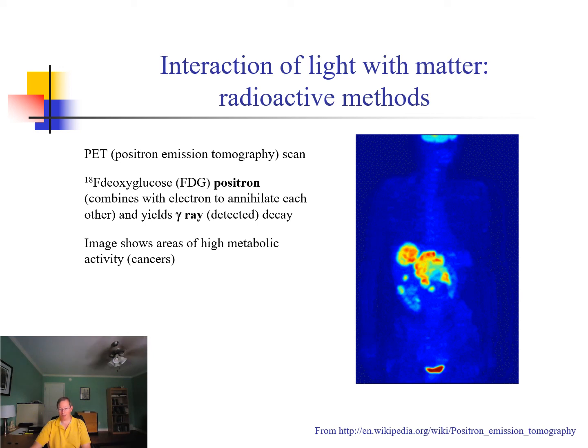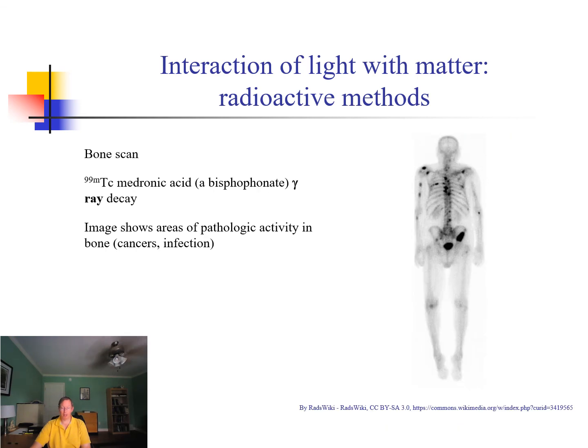That positron, that beta plus particle, will then annihilate with an electron and give a gamma ray that I can detect. High metabolic areas are going to show up, and so you can see metabolic activity from things like cancers or from certain types of infection.